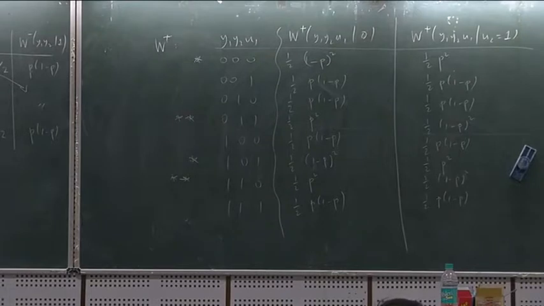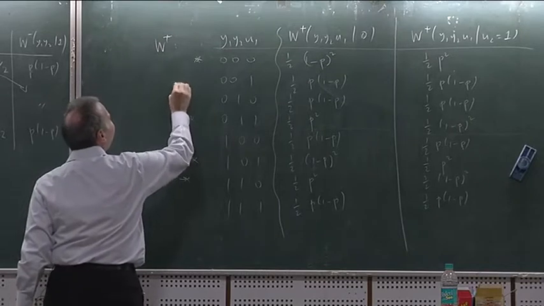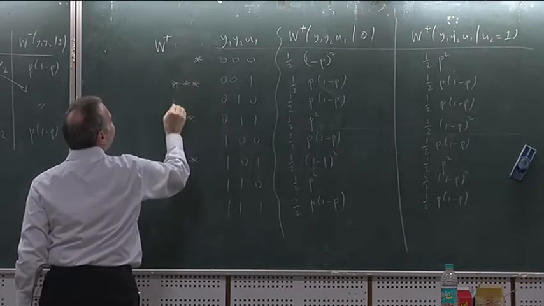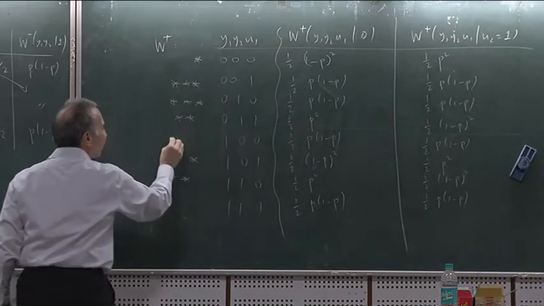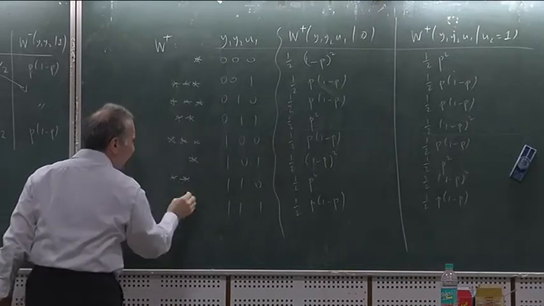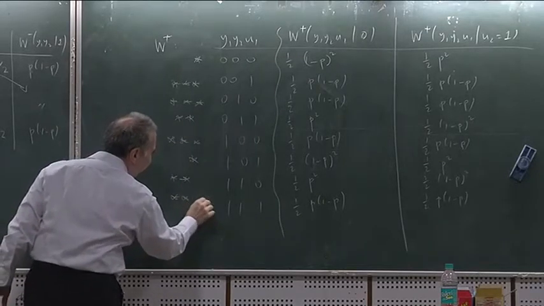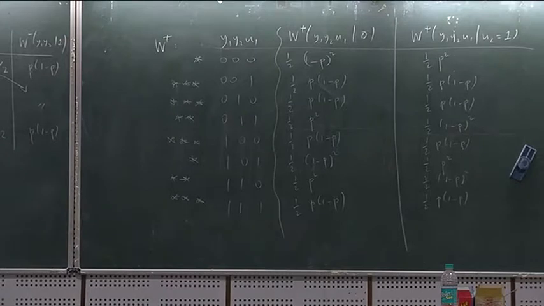So the star and the star can be merged, and the double star and double star can also be merged with each other. And all the remaining ones, the triple stars, are also exactly the same and can be merged with each other.